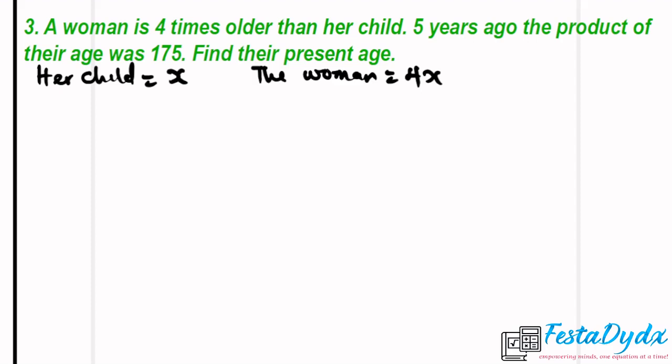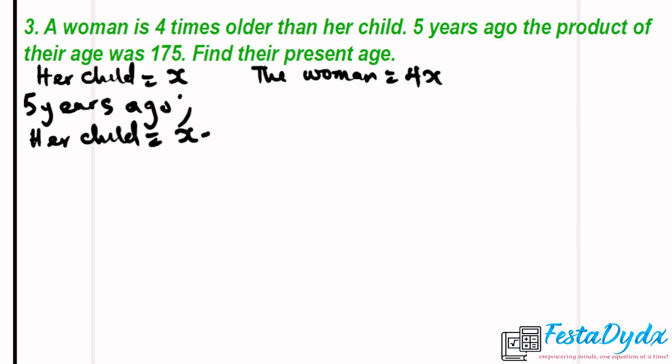So 5 years ago means we should subtract 5 from their ages. So 5 years ago, the child's age becomes x minus 5, meaning our age subtract 5. Then the woman's age becomes 4x minus 5.